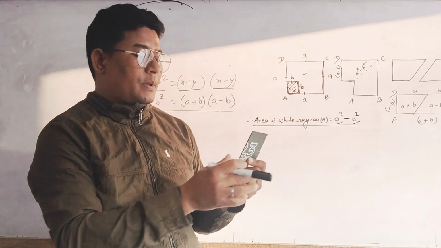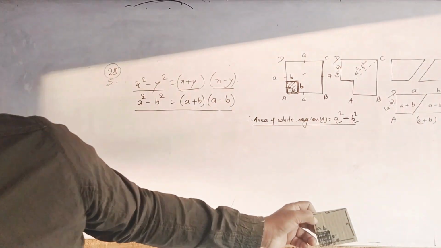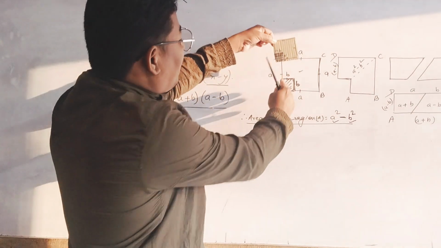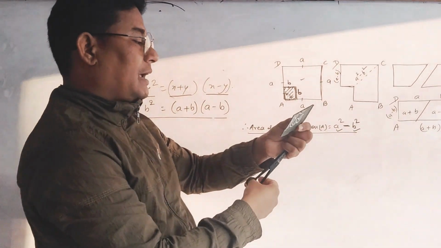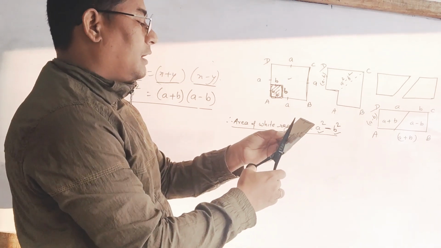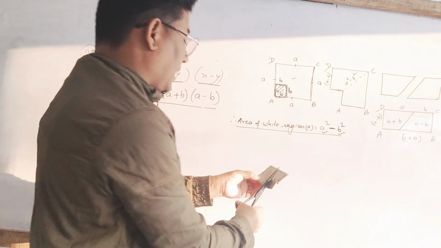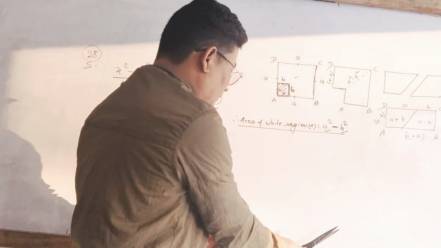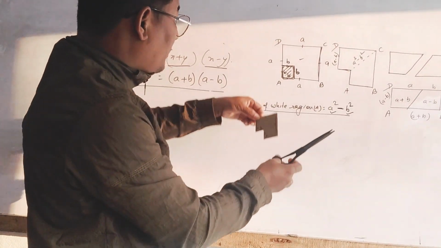And the piece of paper that I have, let's remove it, cut and throw it. This is the black region. I have removed it.